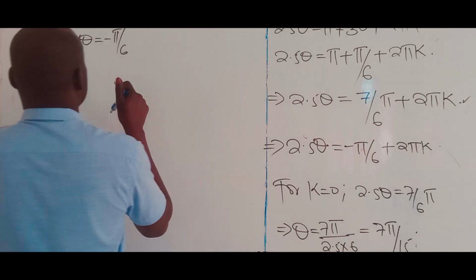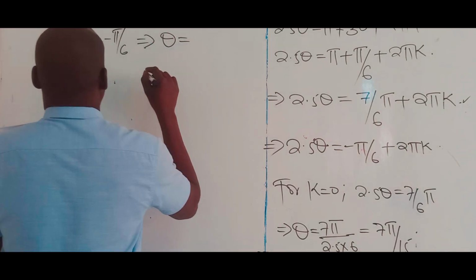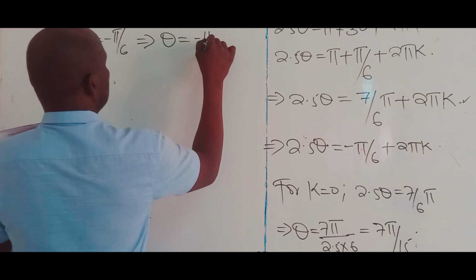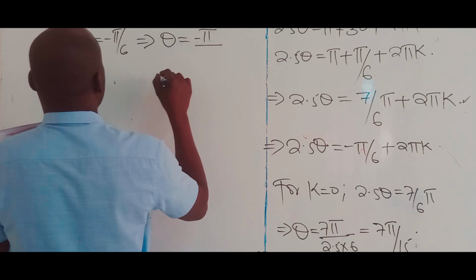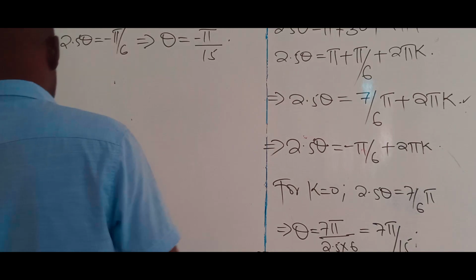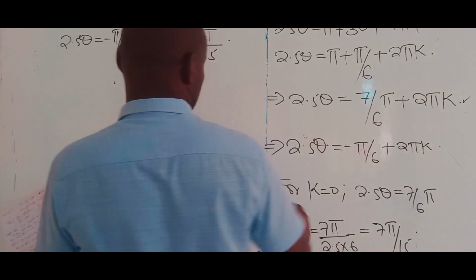So it ends up to be this. That then implies that theta is equal to minus pi over 15. Theta is minus pi over 15. That is when we consider this for k is 0.